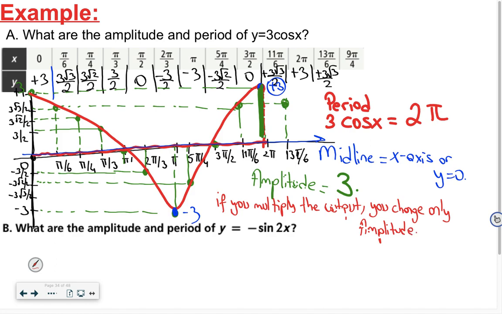So we changed only the amplitude, and there is also going to be a vertical stretch.